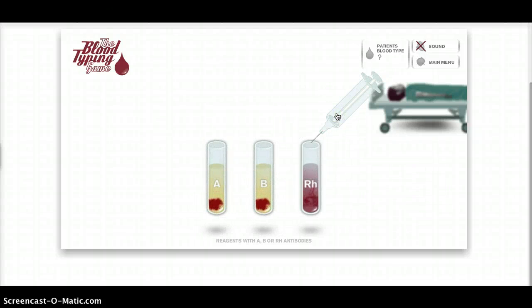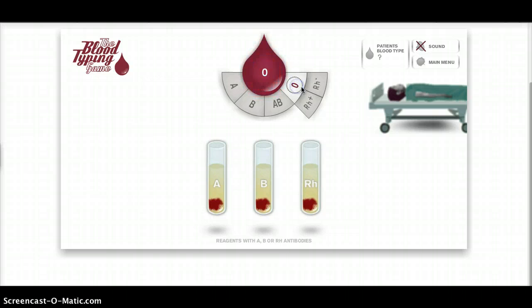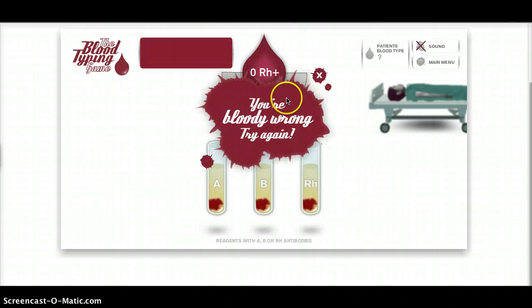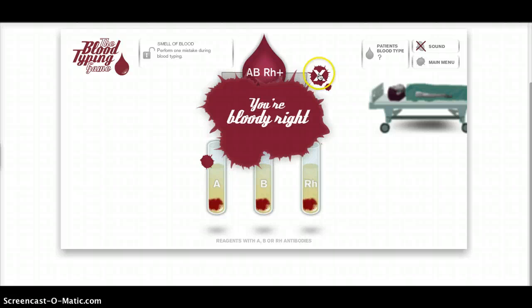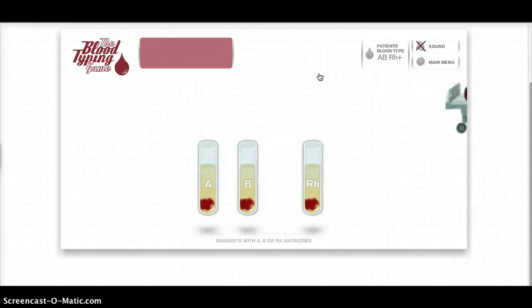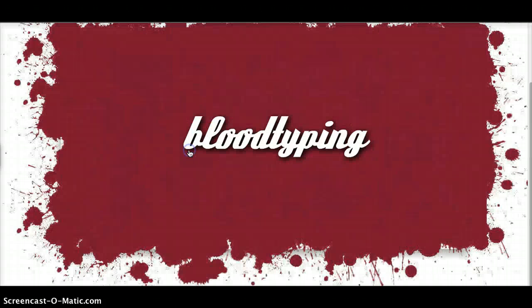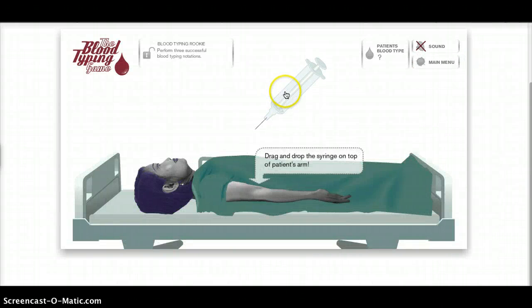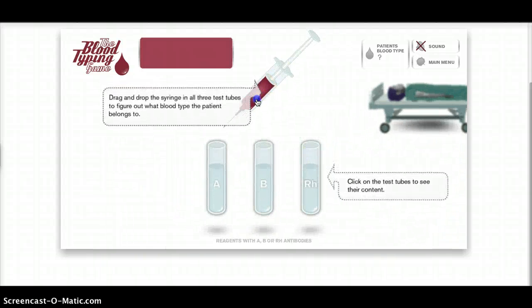If they select an incorrect blood type, they will be given feedback and they'll have the opportunity to try again. So I will select the third patient and they will perform the same steps in order to determine their blood type.